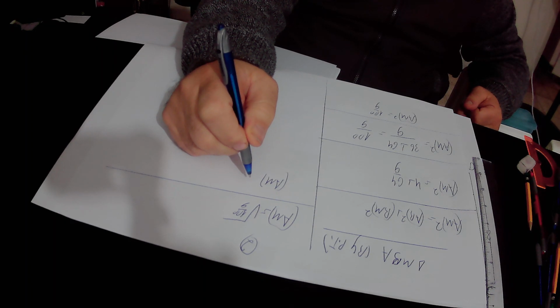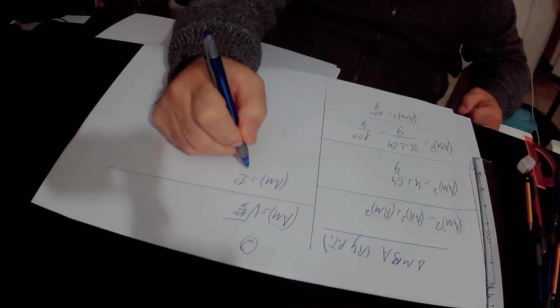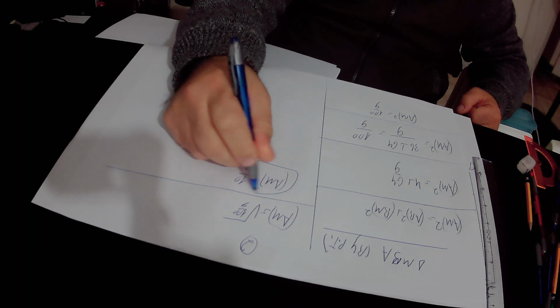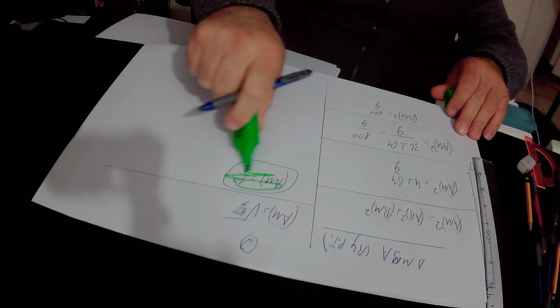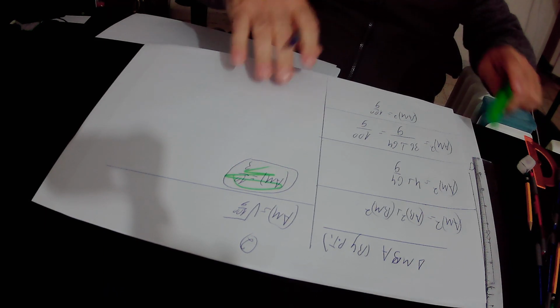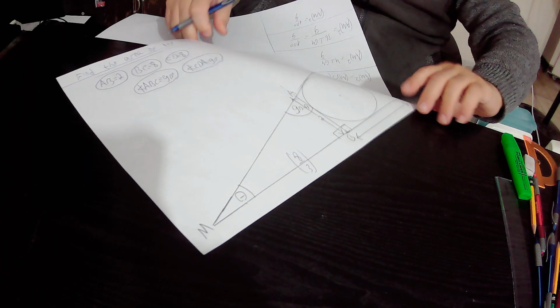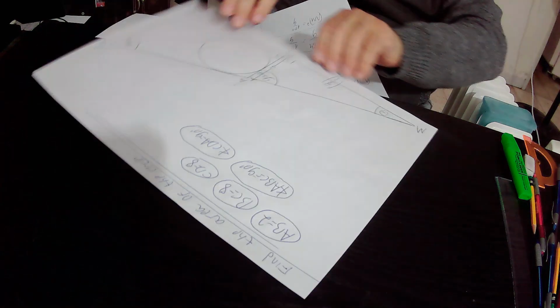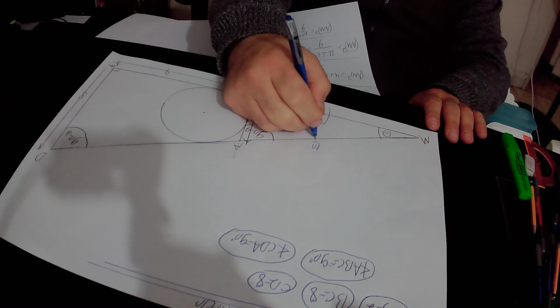The square root of 100 over 9 is the square root of 100, that is 10, over the square root of 9, that is 3. So in conclusion, we found out that the length of the hypotenuse AM equals 10 over 3 units in its length.